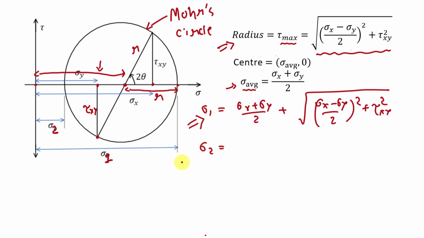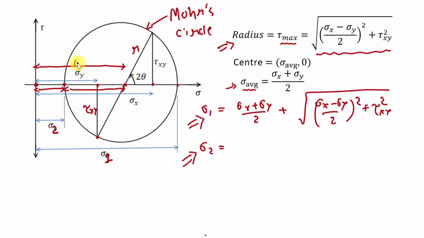Now we can also find minimum principal stress from this Mohr circle. For that we have to take distance between these 2 points. And to find this distance we have to take this distance minus this radius of this Mohr circle.